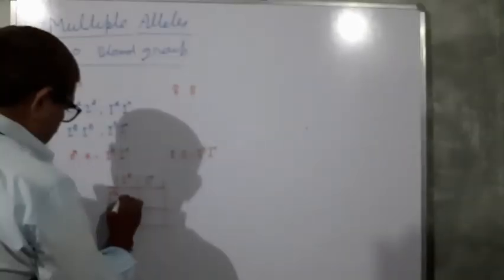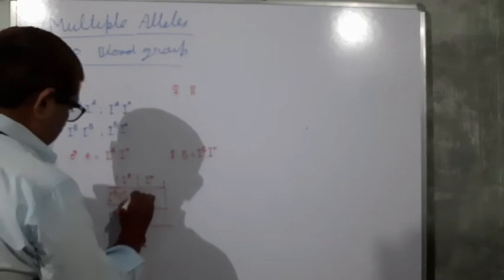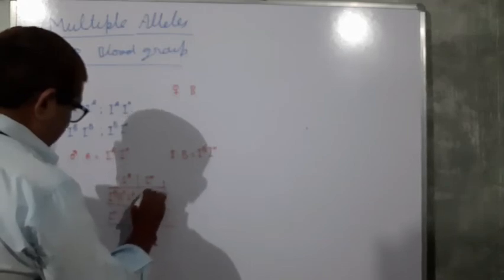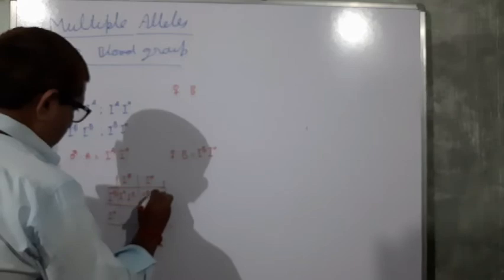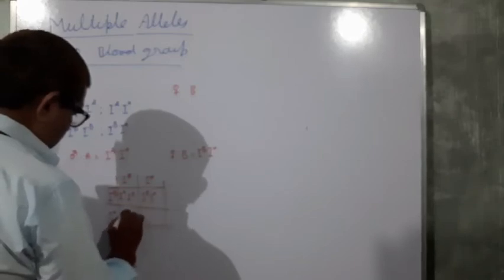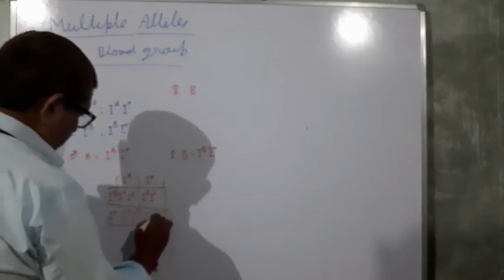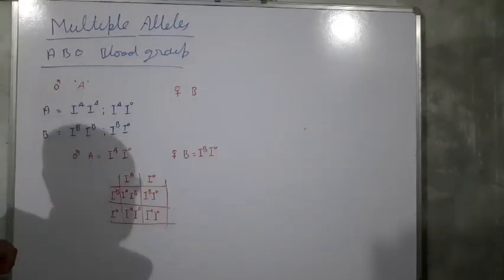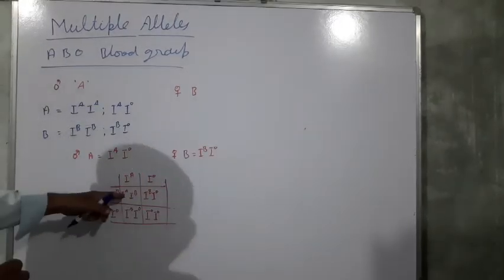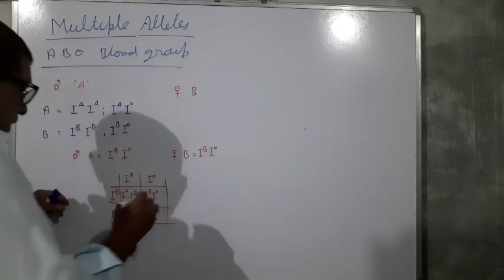So here IA and IB, IO and IB, IA and IO, and IO and IO. These are the genotypes.